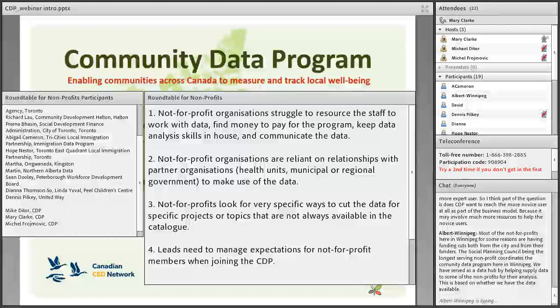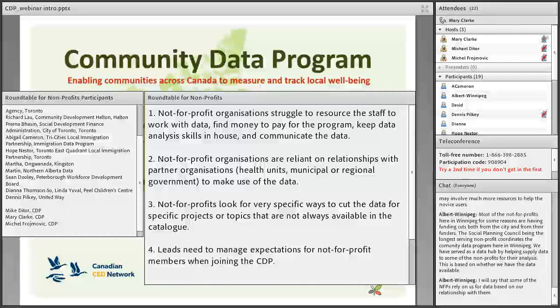So we'll just go to Jason's comment here in the chat box. So yeah, certainly the comprehensiveness and complexity of CDP seems to be aimed at the more expert user. So certainly the data sets are very rich and there are different options. So for example, for looking at low income, as Laura was speaking to, you can cut that very many different ways using the CDP data, and it's there for a reason.